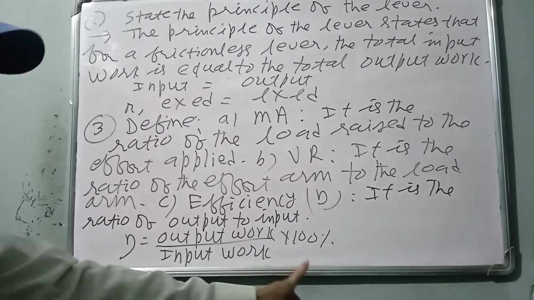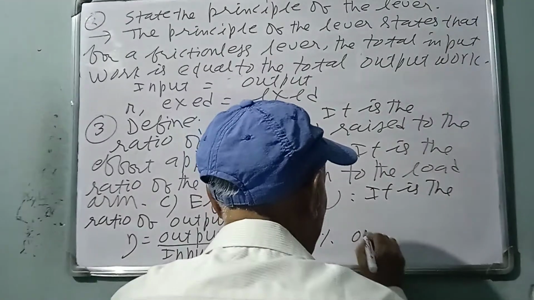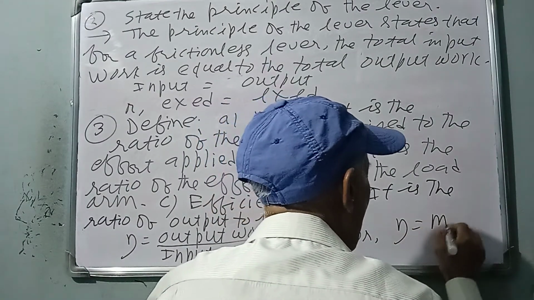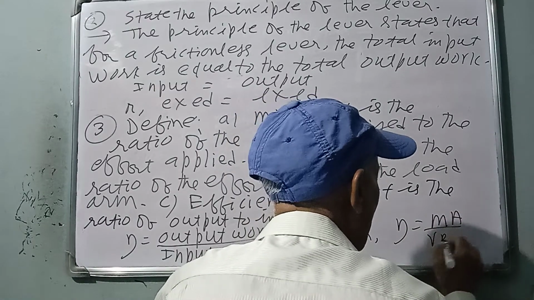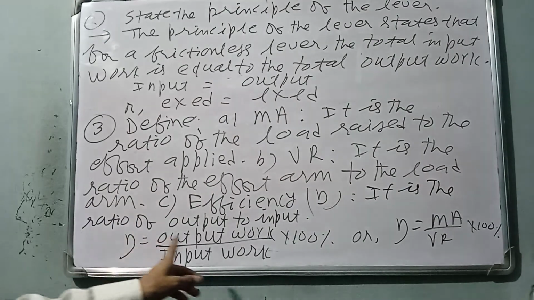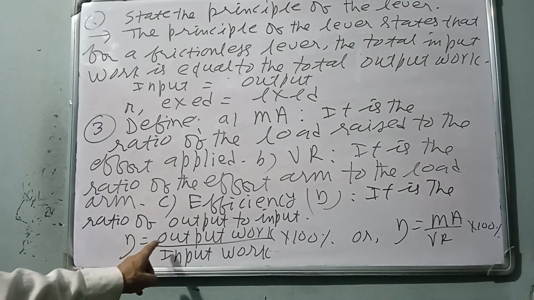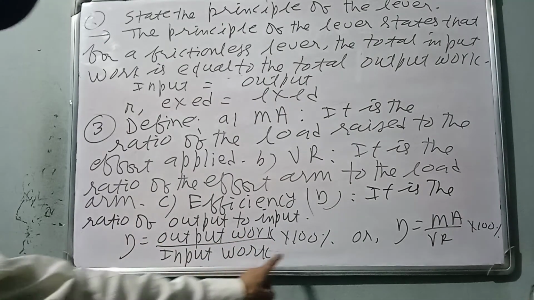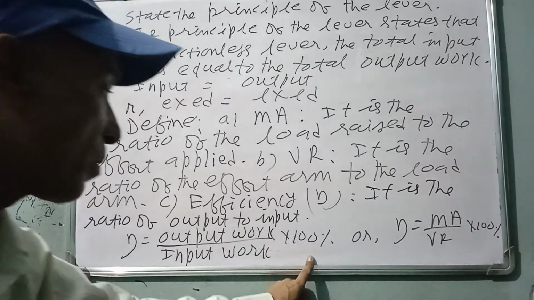Or you can also write the efficiency formula as MA by VR into 100%. How can we define? The efficiency of a simple machine is the ratio of the output work to the input work multiplied by 100%.